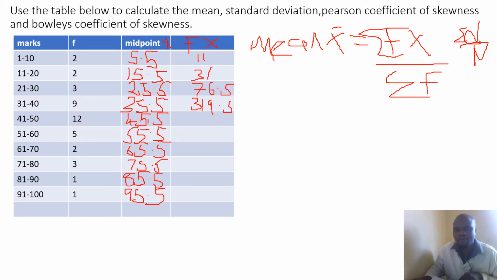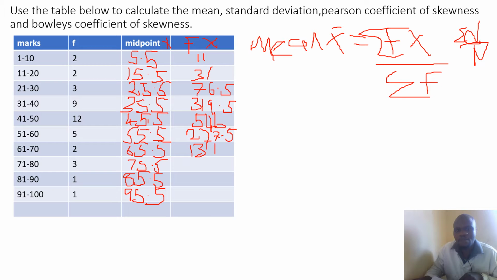And then if you take 12 multiplied by 45.5, you get 546. And if you take 5 multiplied by 55.5, you get 277.5. And then if you take 2 multiplied by 65.5, you get 131.